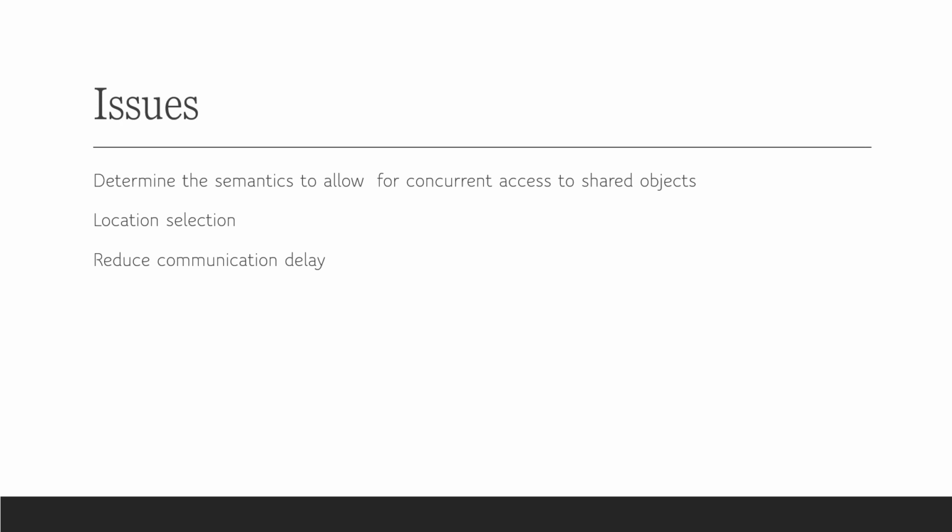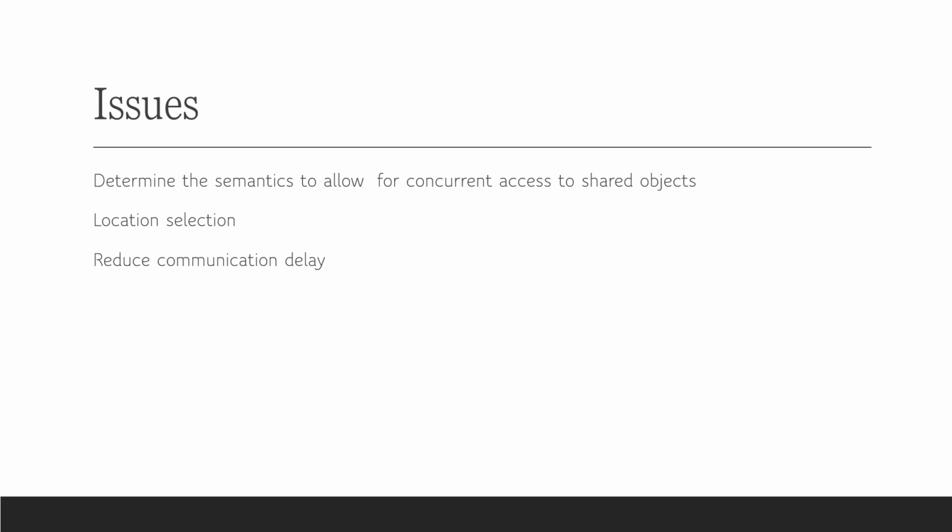Third, selecting the location for replication to optimize efficiency from the system's viewpoint. Fourth, determining the location of remote data that the application needs to access if full replication is not used.